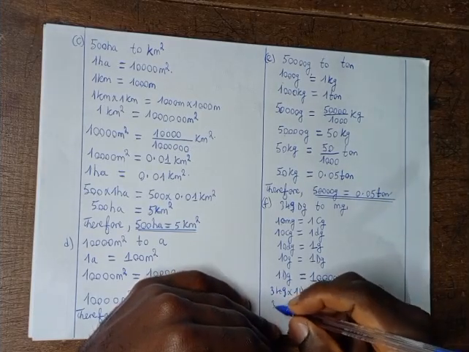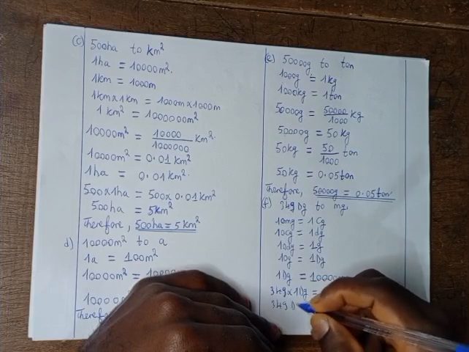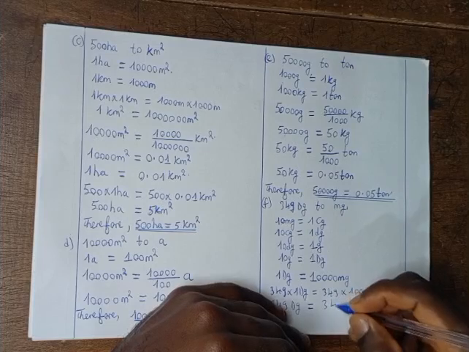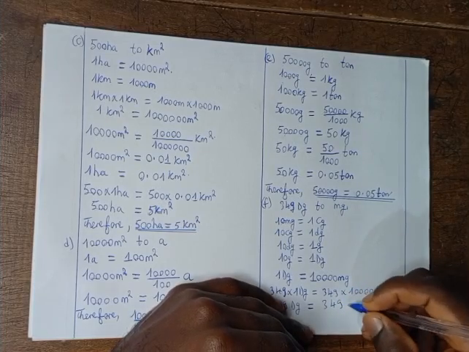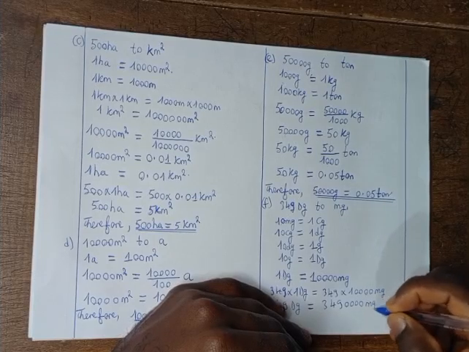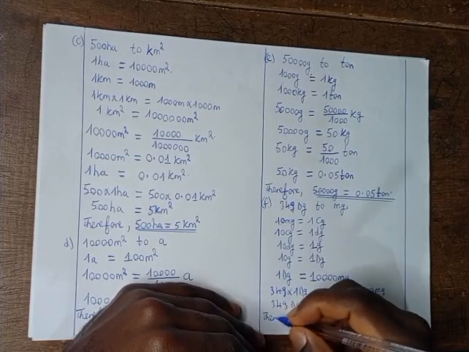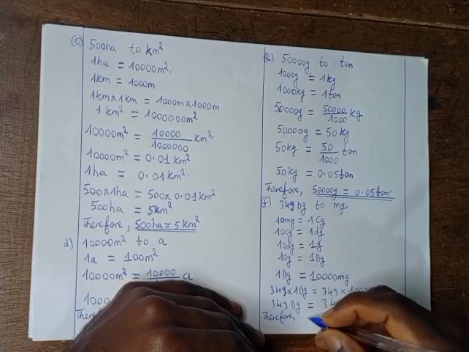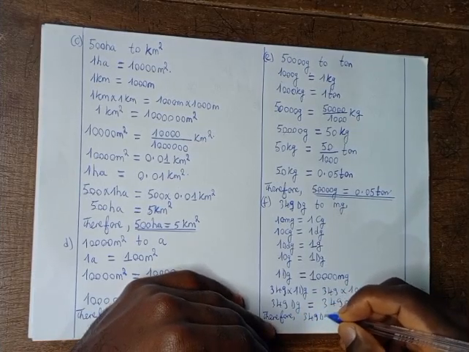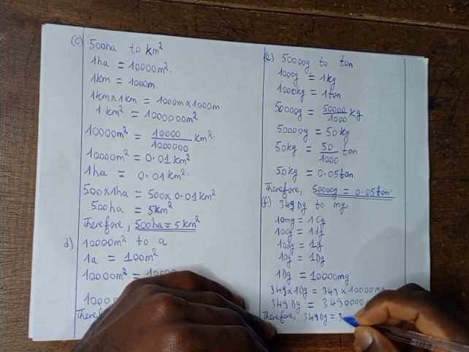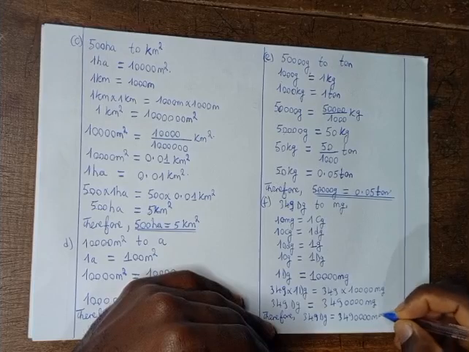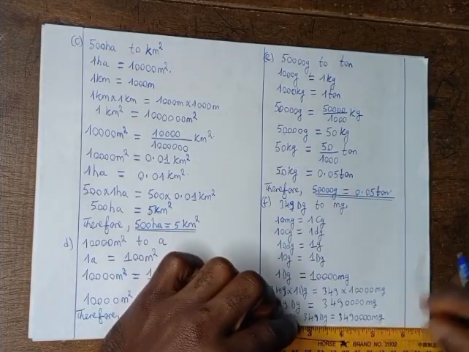So this will simply give us 349 decagram to be equal to 3,490,000 milligrams. We conclude therefore 349 decagram is equal to 3,490,000 milligrams. We underline the result.